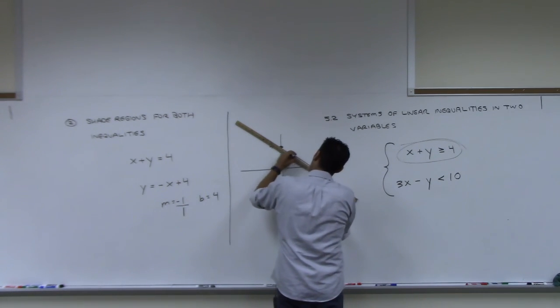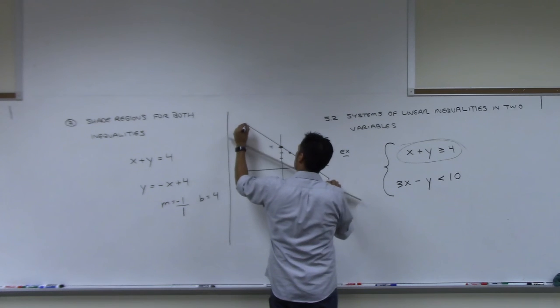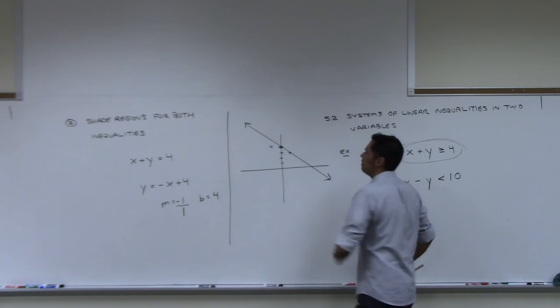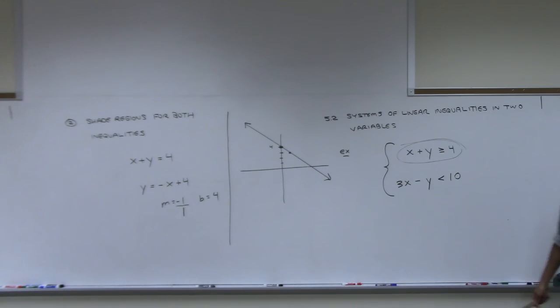Am I done? What now? Test a point, right? Test 0, 0. And where am I testing it? Into this, right? Does 0, 0 work? 0 plus 0, is that bigger than 4? No, so I'm going to be shading above.